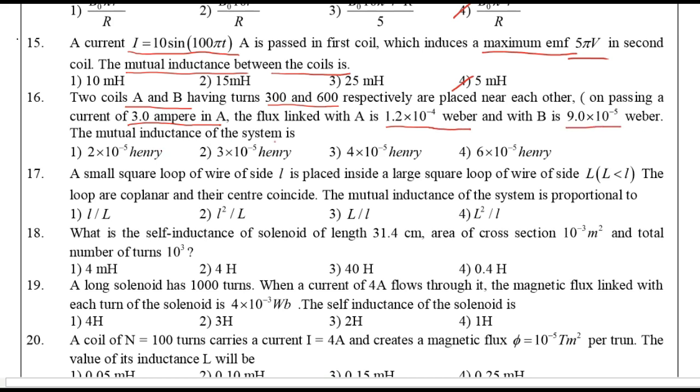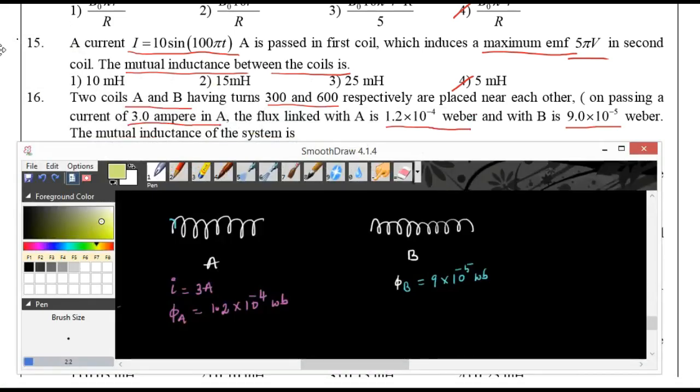The mutual inductance of the system is? Now let us consider that this is coil A and this is coil B. The coil A current passing is 3 ampere. And flux in A is 1.2 into 10 power minus 4 Weber. Flux in B is 9 into 10 power minus 5 Weber.